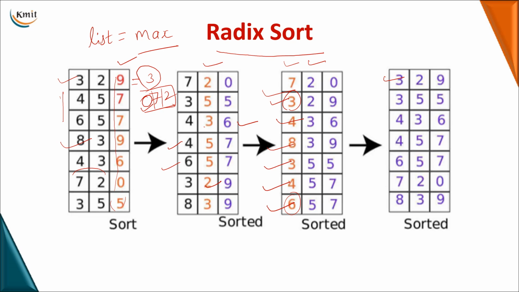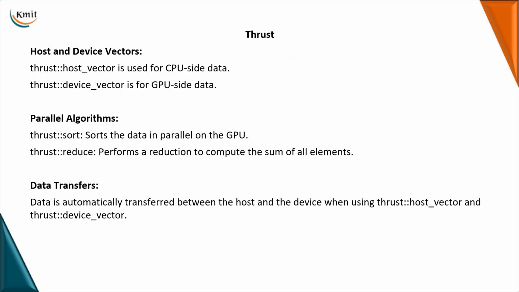And if you want to use CUDA programming, CUDA dynamic parallelism for this, you see the number of kernel launches you are doing. Each time you need not go to the CPU and make a kernel launch. For each iteration, you can just call the device recursively. For that, we use a template library in CUDA called Thrust.